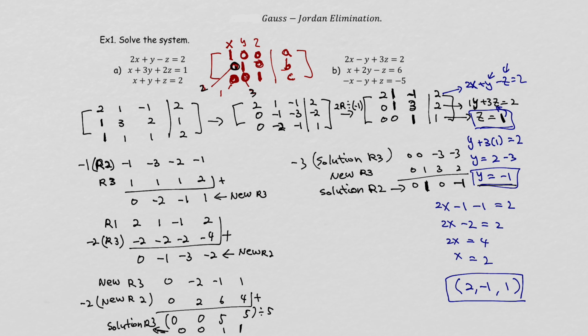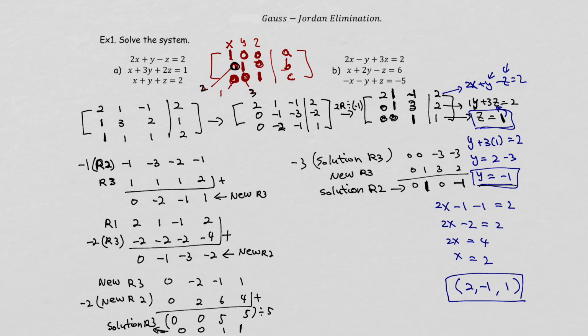So you can keep doing the elimination method to find your solutions, or once this 3 is 0, you can use substitution to find your solutions. It's up to you.